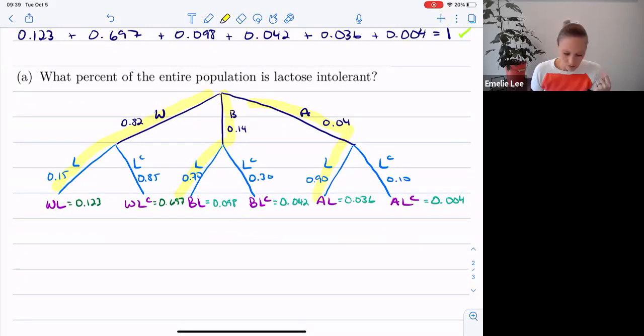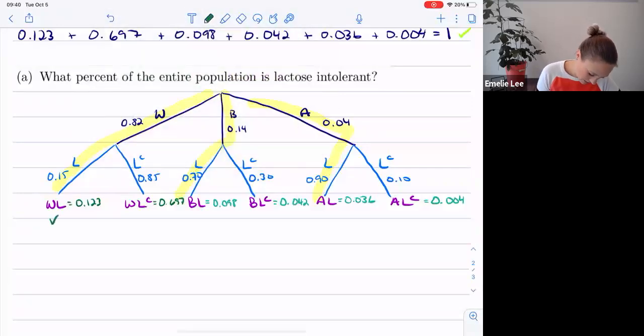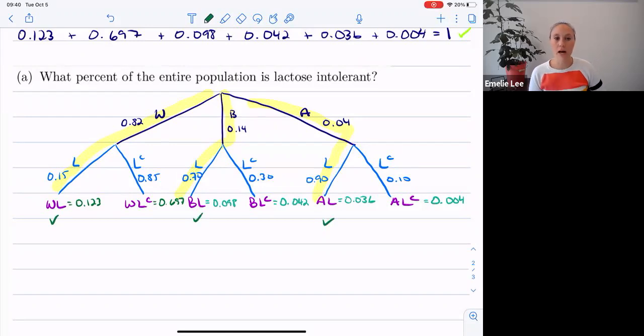Another way I could do it is look for all the combinations that have an L and not the complement of L. This one, and this one, those all have the L's. I like to highlight because it shows the different streams I could go, but really you're looking at all the different combinations that end up with an L.